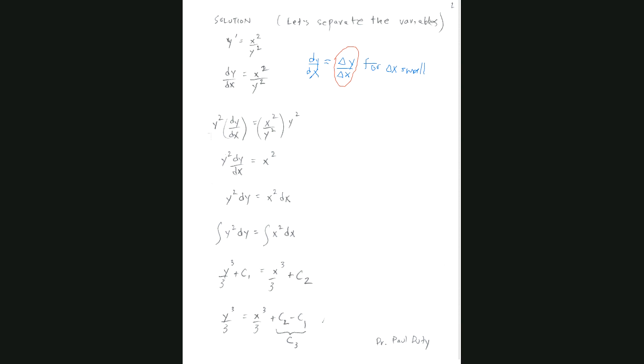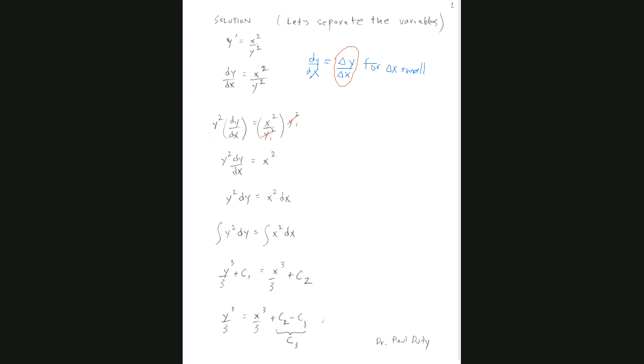And what we're going to do is multiply both sides of the differential equation by y squared. The reason I want to do that is that I want the right side of this differential equation to only involve x variables, and the left side to only involve y variables. So that's why I multiply both sides by y squared.